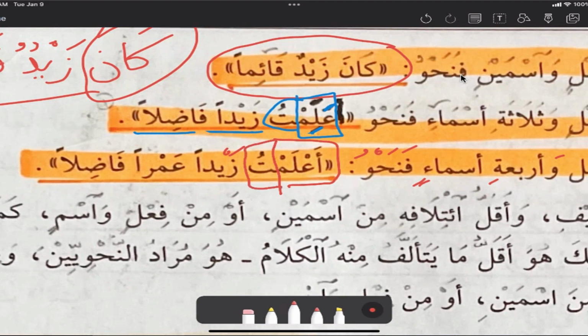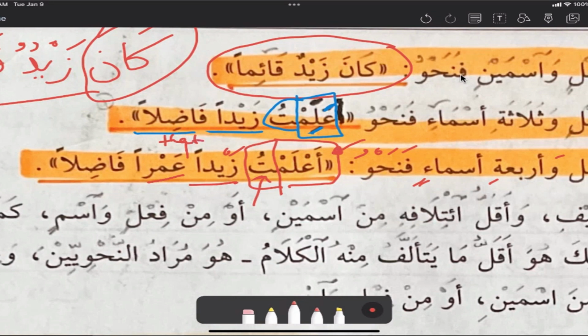So a'lama, that's the verb. Tu, that's your first nominal. I informed, it's not yet informative. Zayd, now for this, because of what type of verb this is, Zaydan, it's not yet informative. Amran, I informed Zayd, basically means that.